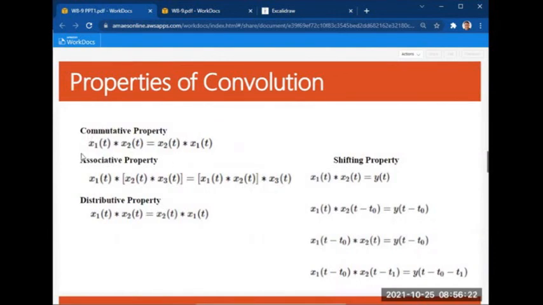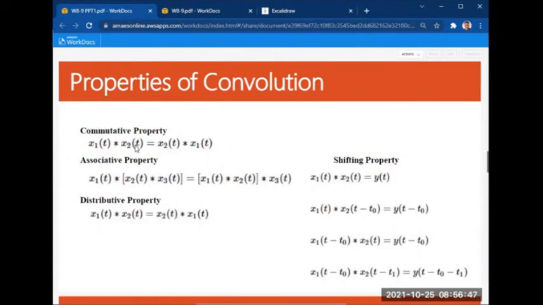So x sub 1 of t convolved with x sub 2 of t will also be equal to x sub 2 of t convolved with x sub 1 of t.